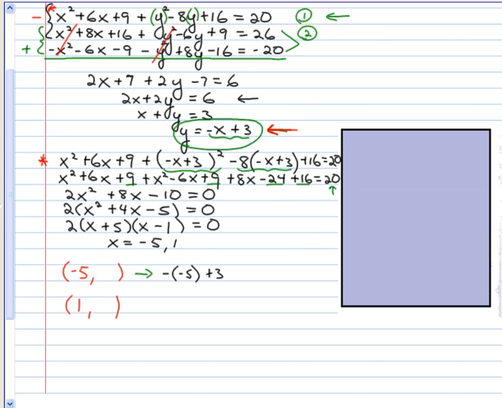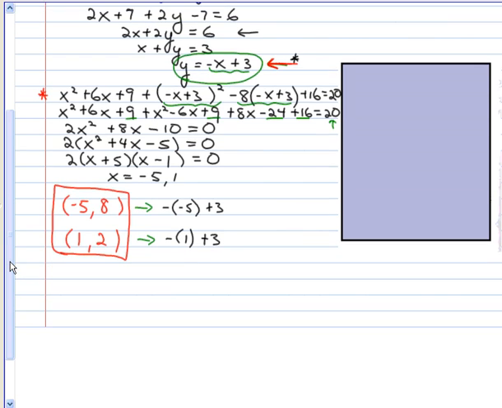That's 5 plus 3, I get an 8. When my x is 1, negative of 1, and then add 3 more, negative 1 plus 3 is 2. Two solutions on this one: negative 5 comma 8, and 1 comma 2.